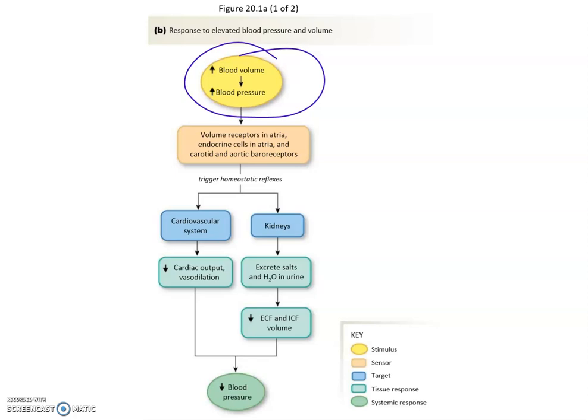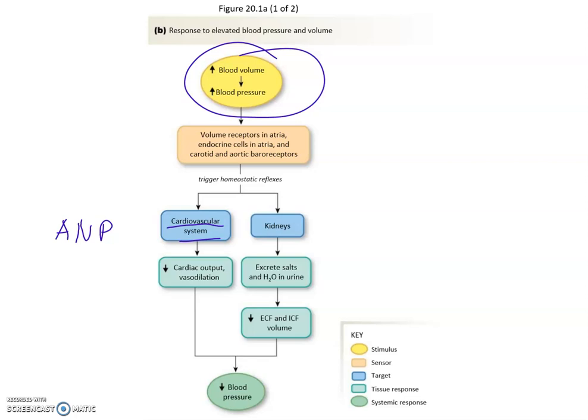So your cardiovascular system will kick in with the atrial natriuretic peptide, the ANP. And you're trying to decrease your cardiac output a little bit. You're trying to vasodilate a little bit.